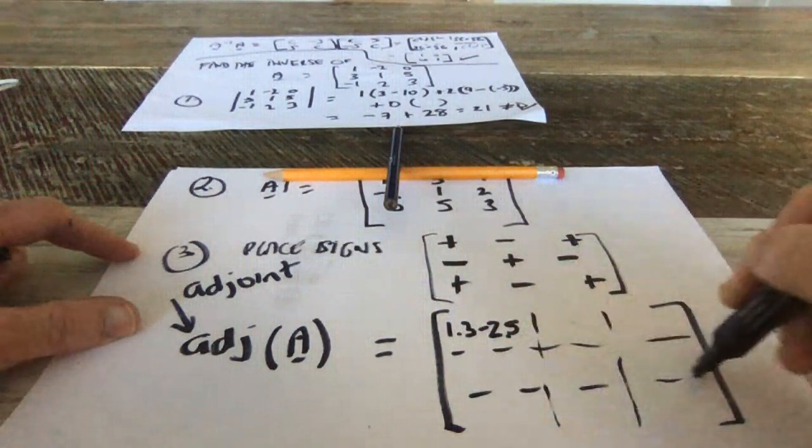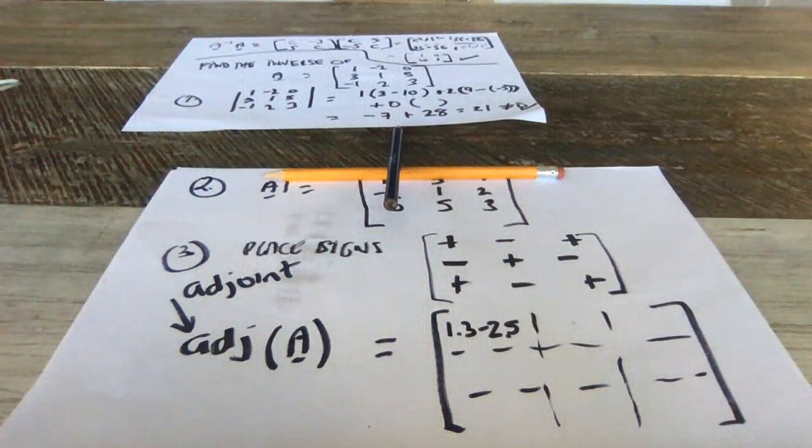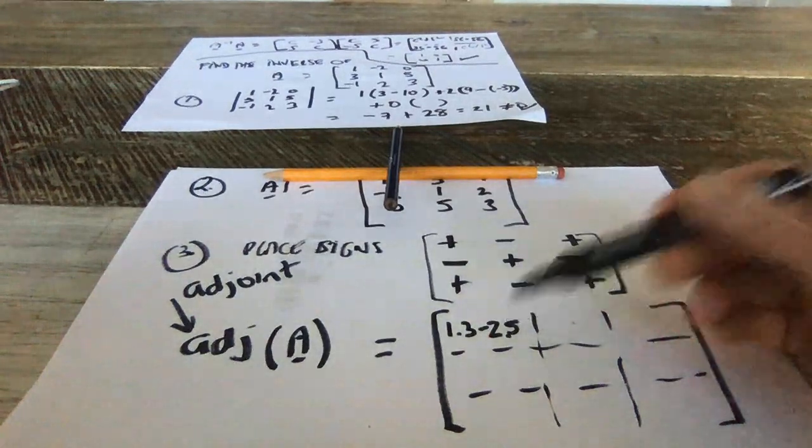Now, the adjoint matrix is also a 3 by 3 matrix. So you get the determinant of the resulting 2 by 2 matrix when you cover up the first row and the first column, because I want the entry here.